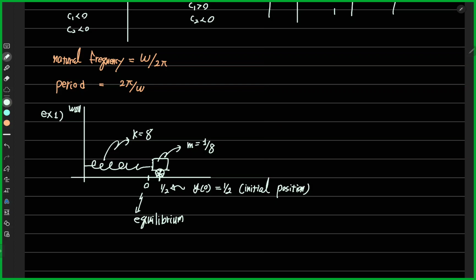Now, additional information that the problem gives us is this: outward velocity is 2. What's the outward? That means the velocity of this object toward that direction is 2.